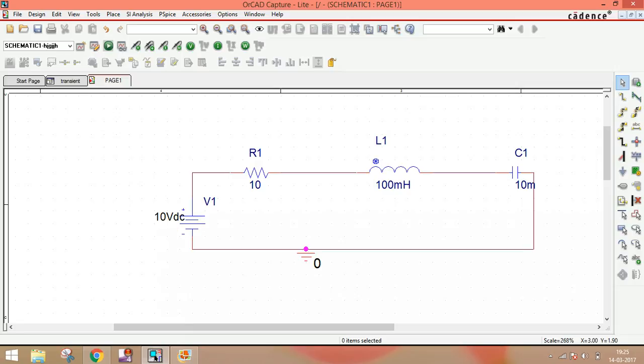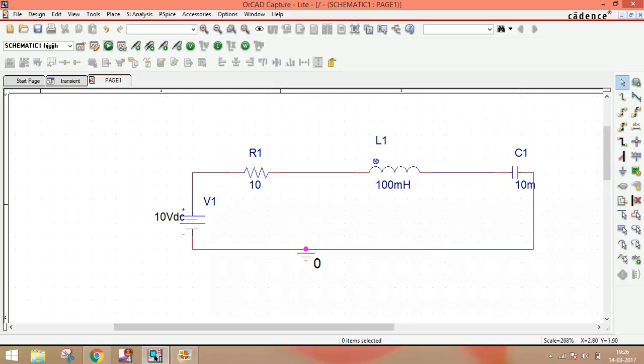Now first of all I must say, I forgot to mention in the previous video of RL and RC circuits that our voltage source excitation is 10 volt DC. So that is called the step response of the RLC circuit, and I already showed you the step response of RL and RC circuits in the previous video.